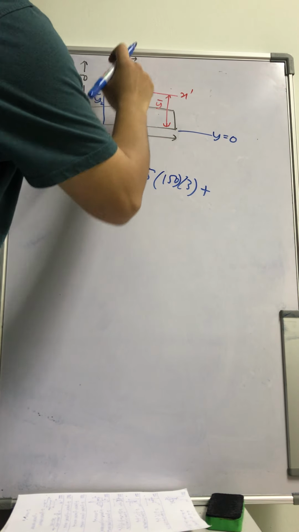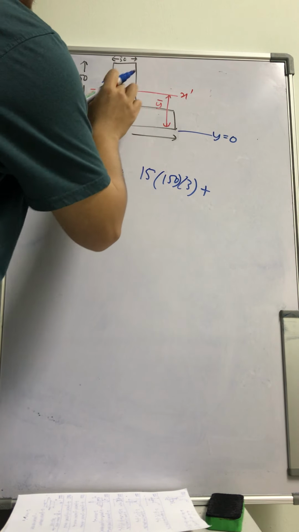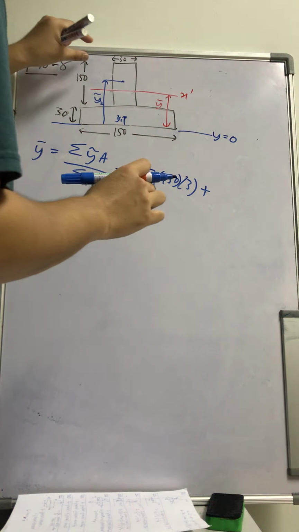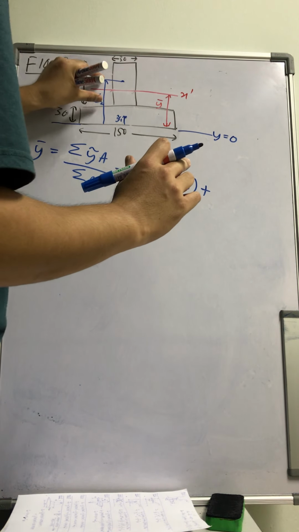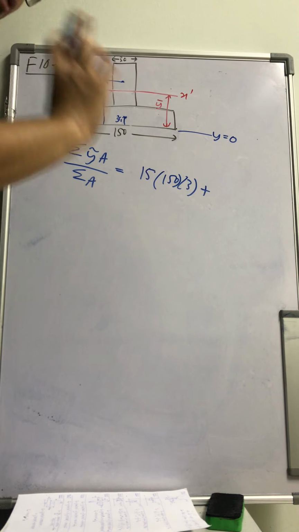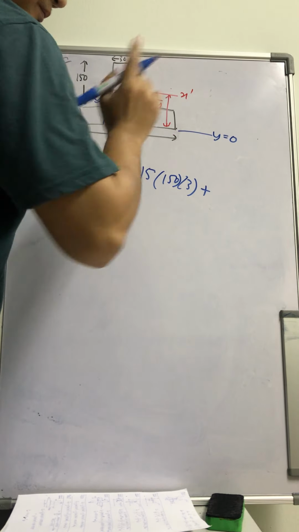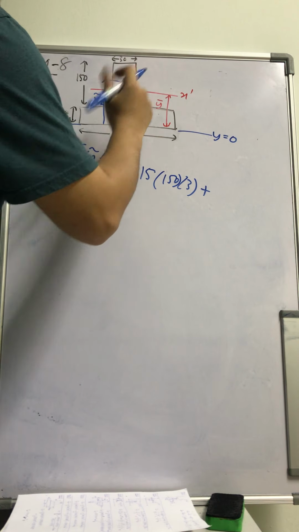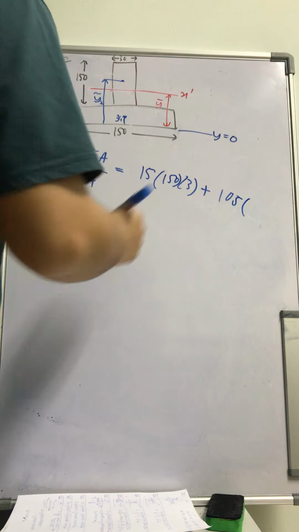For the second area, what is the y tilde? From this to the centroid, the centroid is half of 150, which is 75. But it's not 75, because you need to measure from the y equals to 0. So 75 plus 30, which is 105. I hope you can follow this.